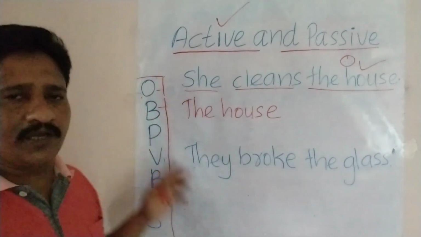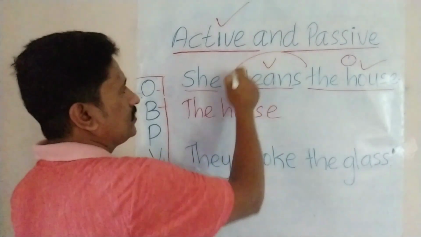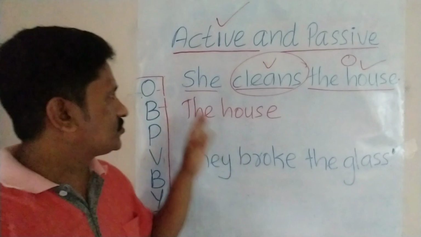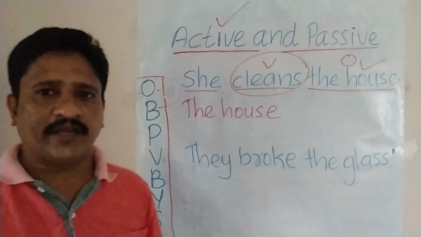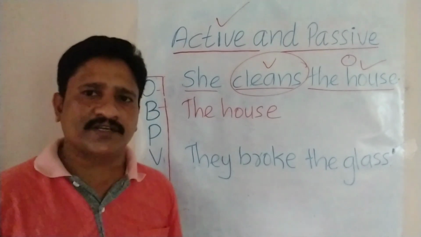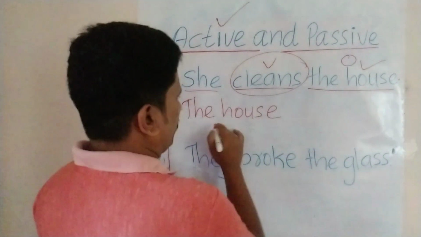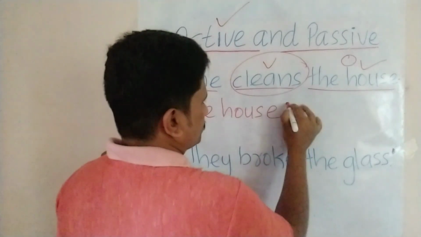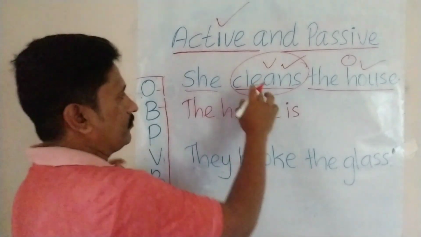The second step is to use a be form. Look at the verb here, the verb is in present tense, the subject being immediately followed by the present tense of the verb, which is in simple present tense. So we use is, am, or are. The house being singular, we use is, and then use the past participle form of this verb clean.